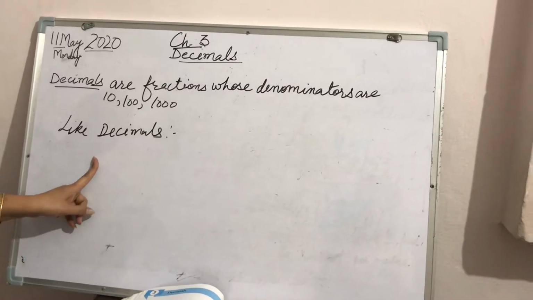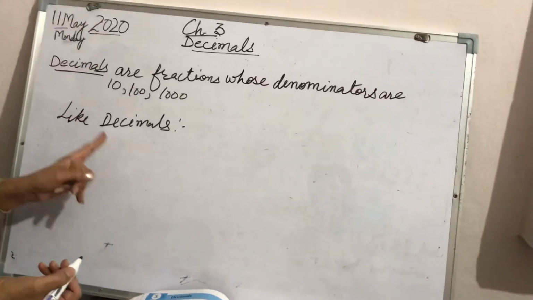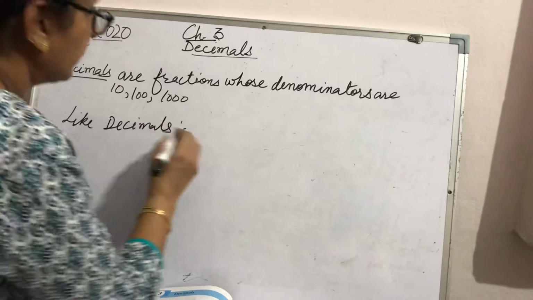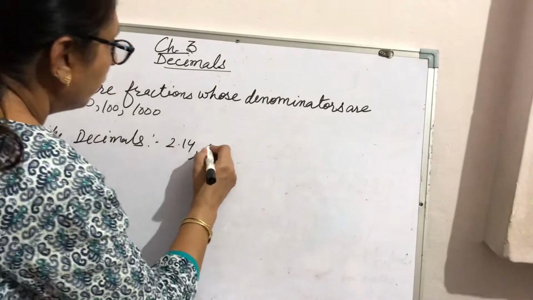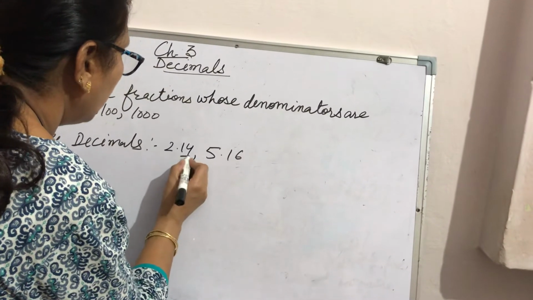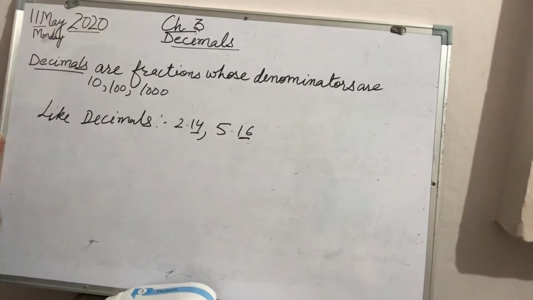In like fractions, the denominators are the same, but in like decimals the number of decimal places is the same. Suppose 2.14, then 5.16. Now there are two digits in the decimal part, again two digits in the decimal part.